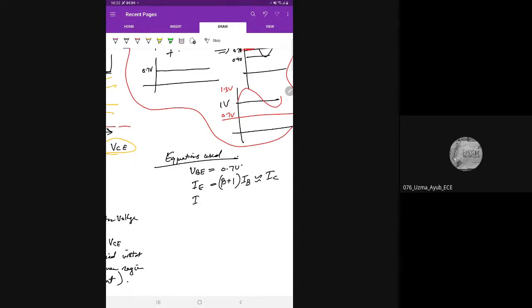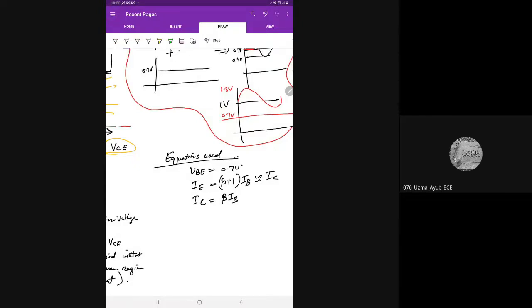And we will always use this equation, IC is equal to beta times IB. So these are three equations that will be mostly used while we discuss DC biasing of BJTs.